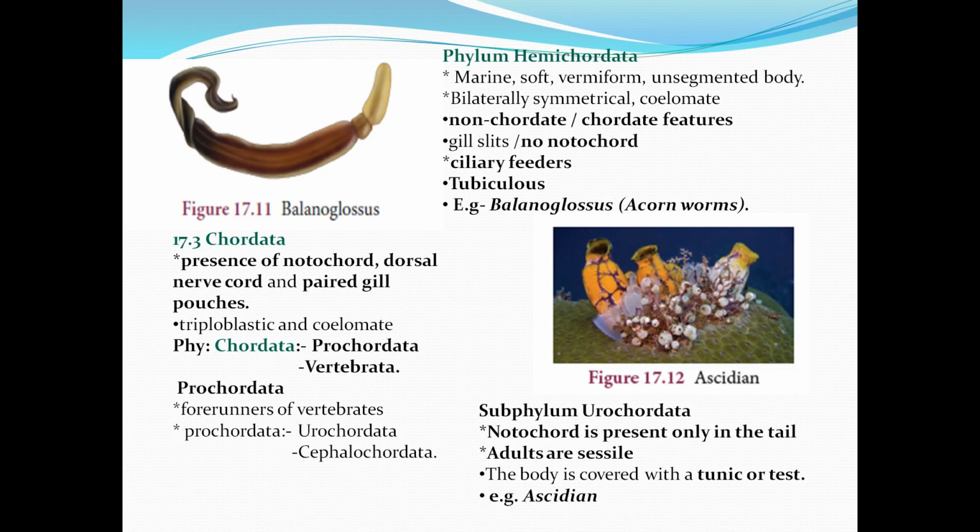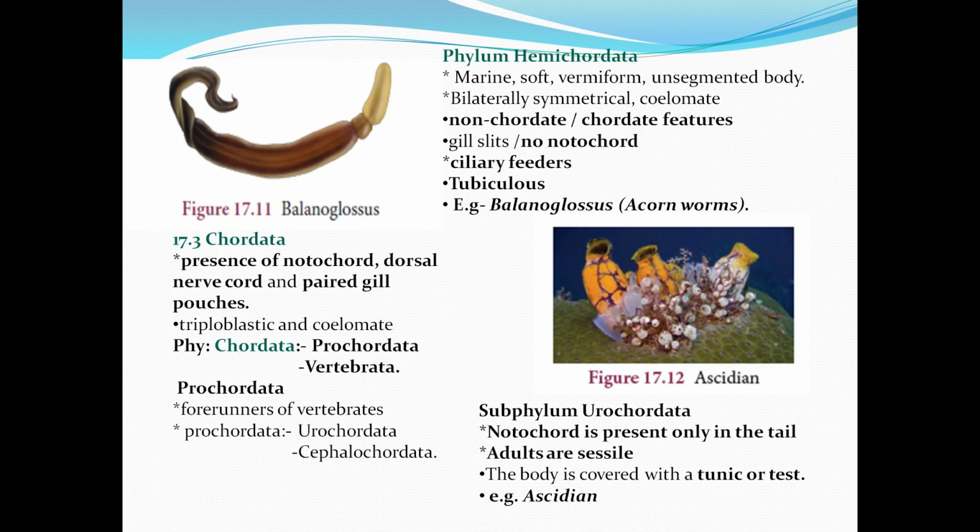They also have characteristic features of both non-chordate and chordate. Pharyngeal gill slits, which are present in them, are a chordate characteristic feature, whereas they lack the notochord, which is a non-chordate feature. They are ciliary feeders.